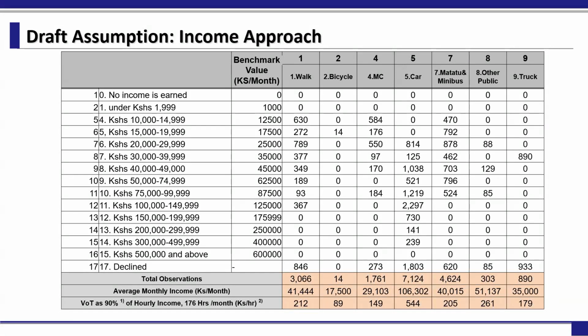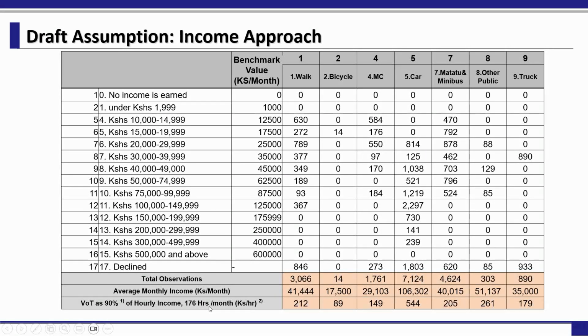So the income approach uses a 50% to 90% adjustment factor. The traffic time value is converted from monthly and hourly incomes.